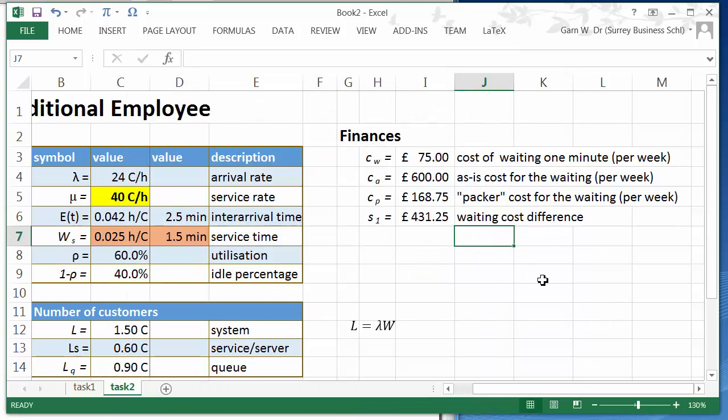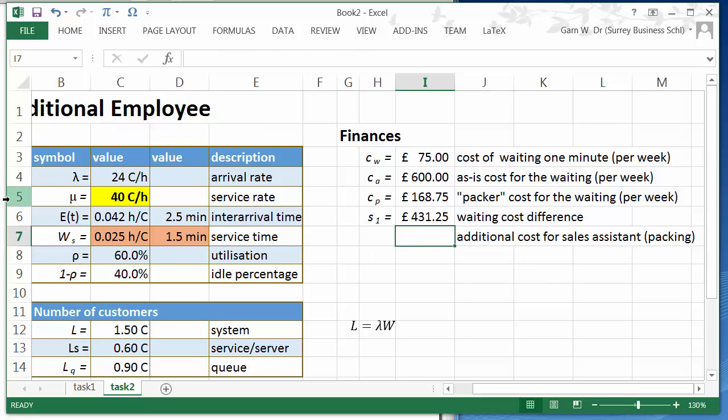And now we still have to pay the packer. So additional cost for packing for sales assistant packing.